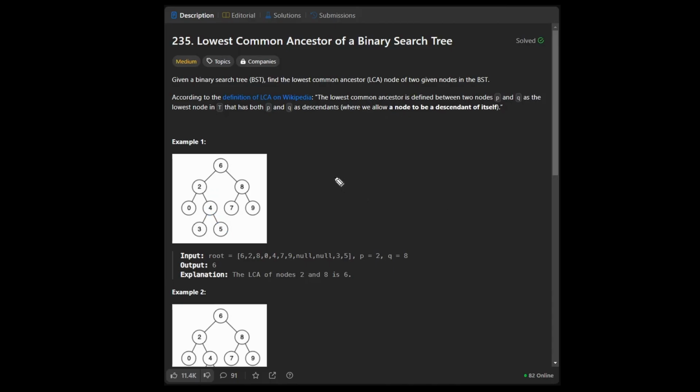To solve this problem, we can make certain observations. In a scenario where we have 0 and 5, we can reject this right subtree because both of these values are lower than the root. Since it's a binary search tree, we don't have to worry about this subtree.